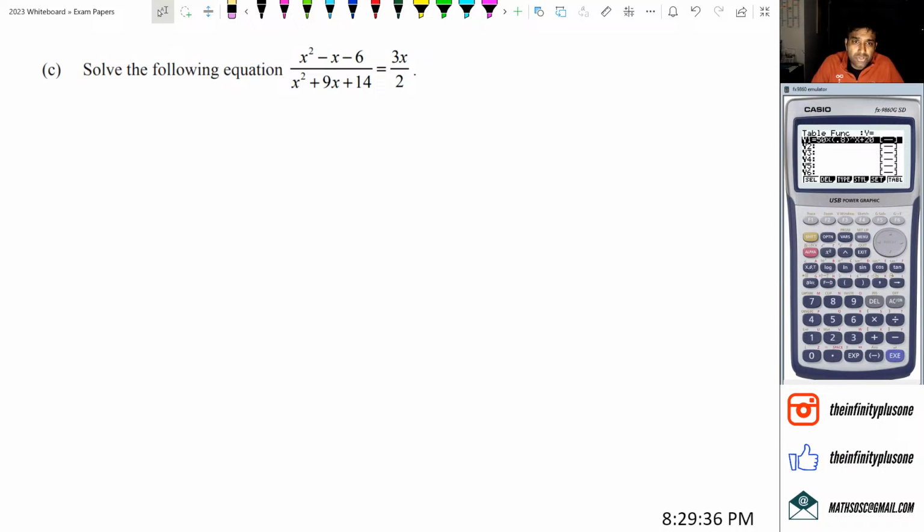Now guys, if you're struggling to start this question, factorize the numerator and denominator, and that should help you get started. I'm going to go through this question at about 8:32.